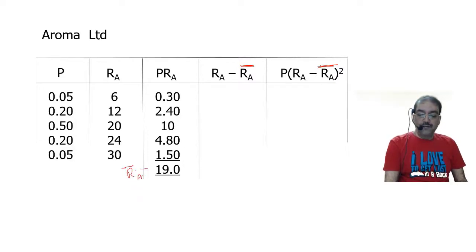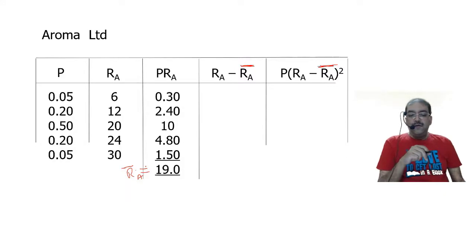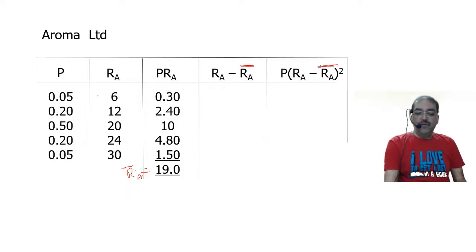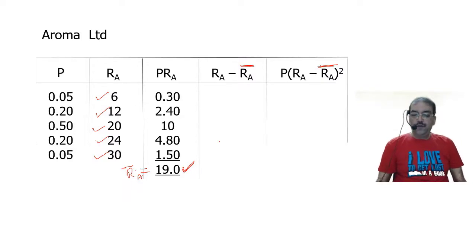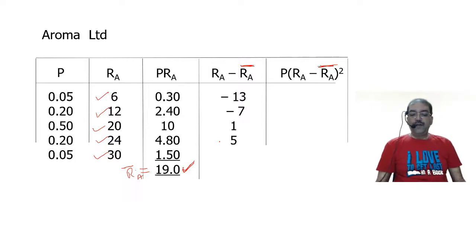So each value: 6 minus 19, 12 minus 19, 20 minus 19, 24 minus 19, 30 minus 19.